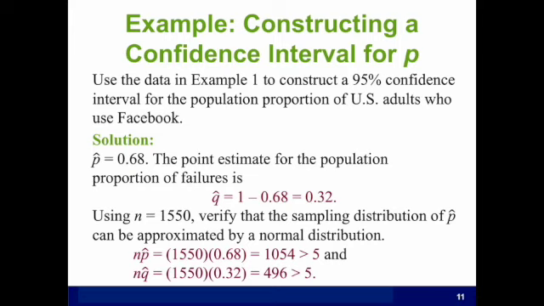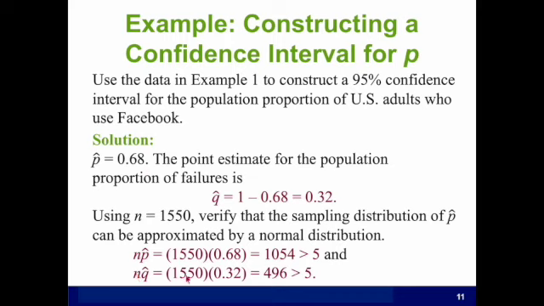N is 1550, and we need to verify that we can use the normal distribution to approximate the distribution of the sample proportions. We calculate these two products, N times P hat and N times Q hat, which are both greater than or equal to 5.